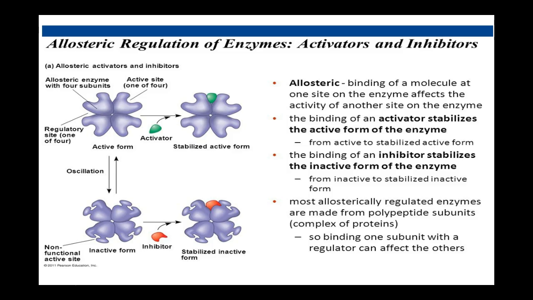We think of this with regard to ADP and ATP. ADP stabilizes an active form and inspires more ATP to be formed. If you have a bulk of ATP, a bulk of energy molecules, then you don't need more energy molecules made.